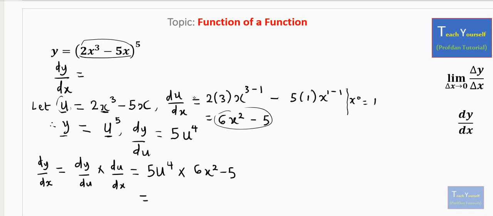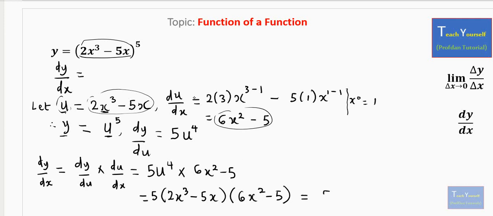Remember that you were the one that made a substitution of u for the function of x, so you replace your u back. What is u in our representation? That is 2x raised to power 3 minus 5x. Then multiplying 6x squared minus 5. So this is our answer.